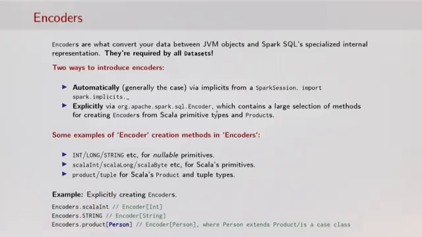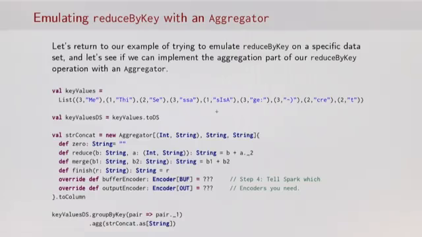Here are some examples of how one might create an encoder. You just call the name of this package object, then invoke a method, for example Scala int, and you get back an encoder of the Scala integer. The same goes for string, or for product, for example, if we have a case class type like Person here. So that was a quick introduction to encoders.